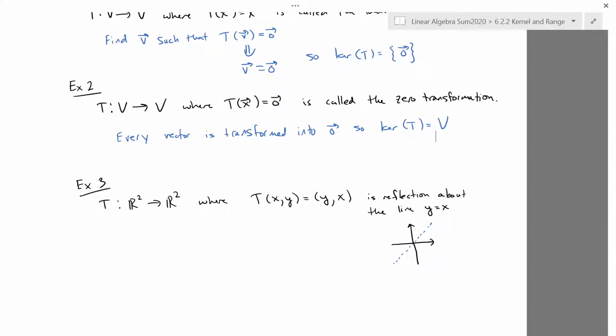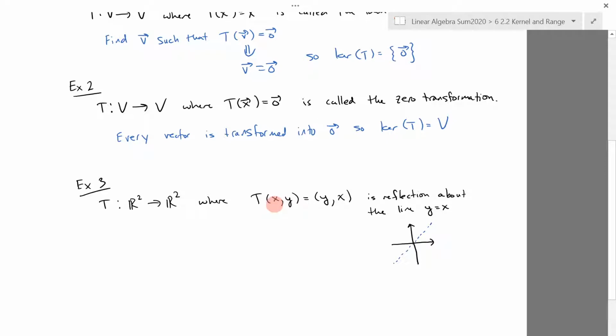Okay, so then the third example on this page, we have a transformation from the plane to itself, where it takes a point (x, y) and swaps the x and y coordinates, right? So the y coordinate becomes the x coordinate, the x coordinate becomes the y coordinate.